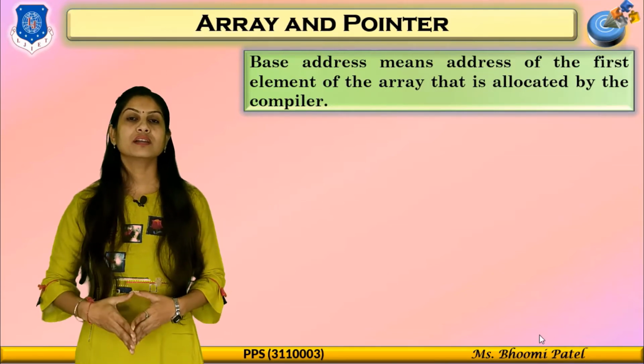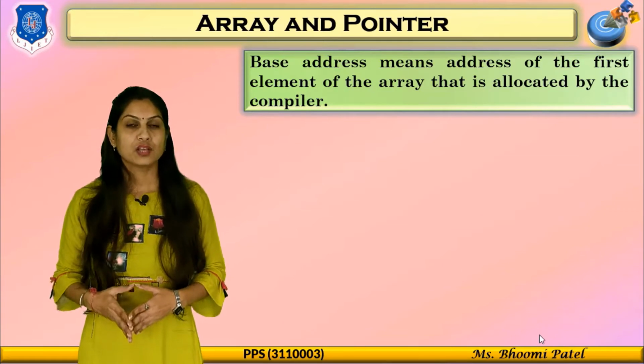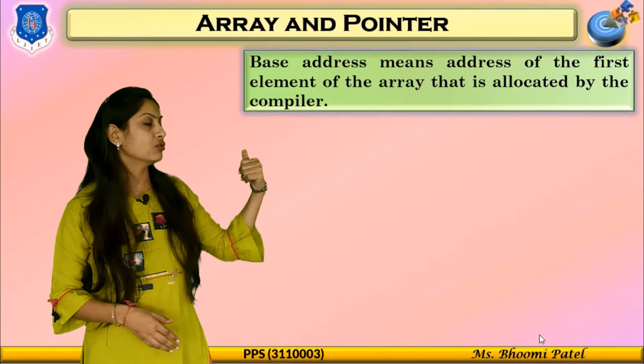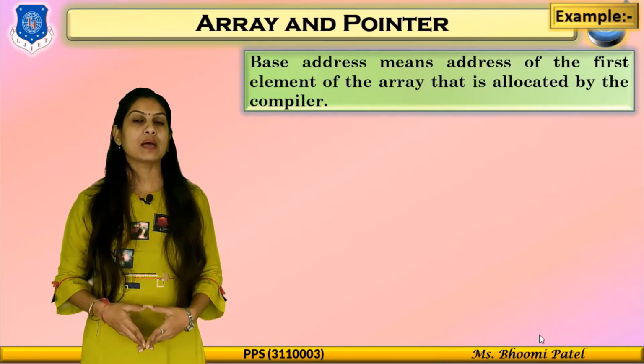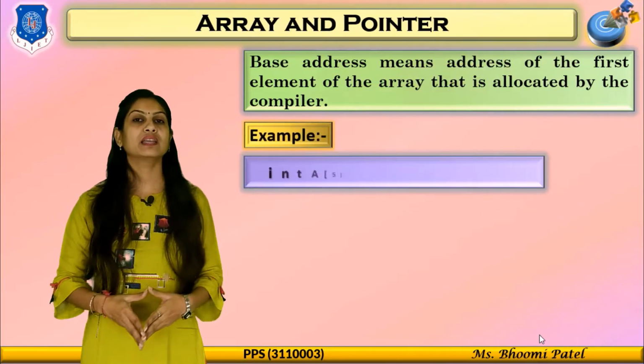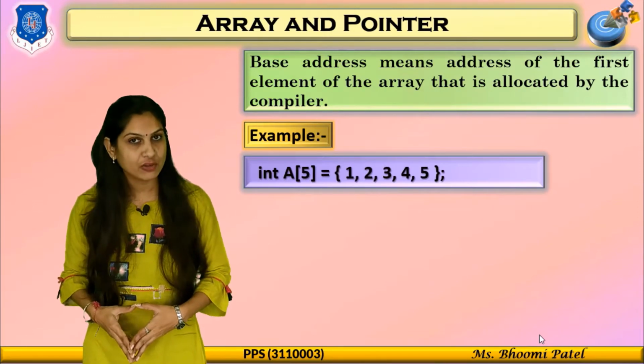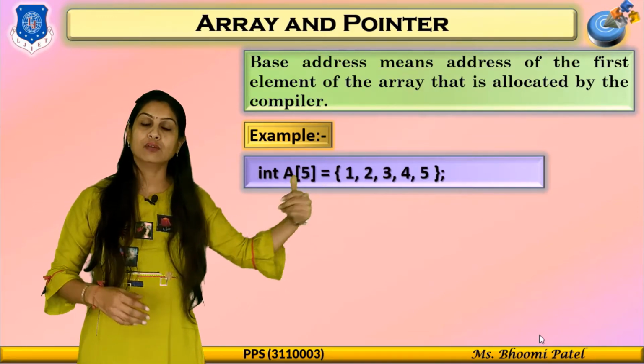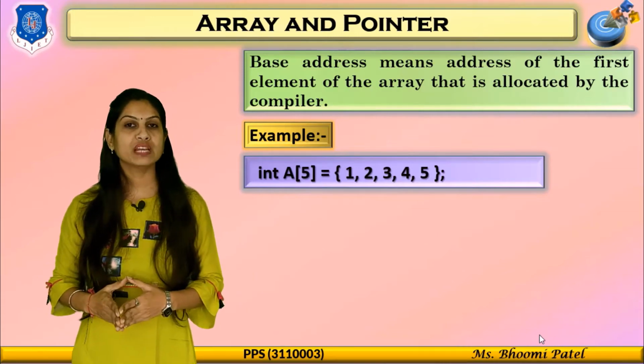So first understand the word base address, that is the first element address of our array. I have taken here the example of declaring array integer a of 5 having 5 different values 1, 2, 3, 4 and 5. So how will this array be stored in our memory?